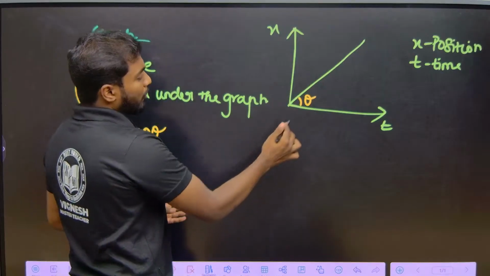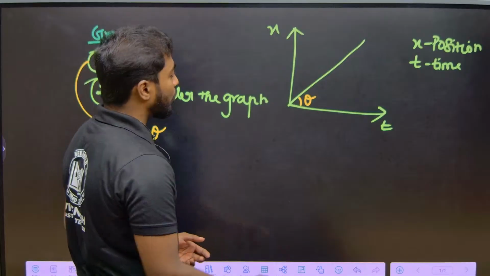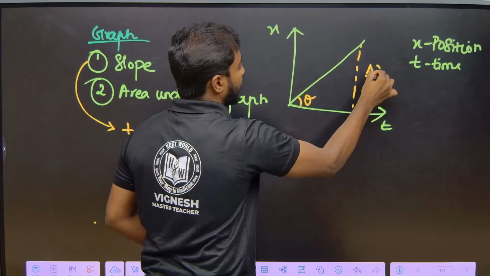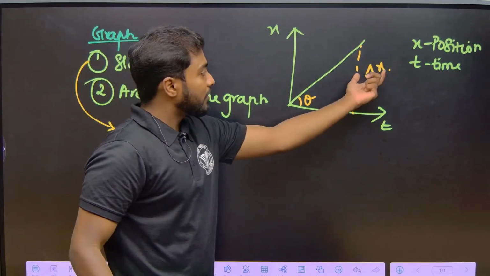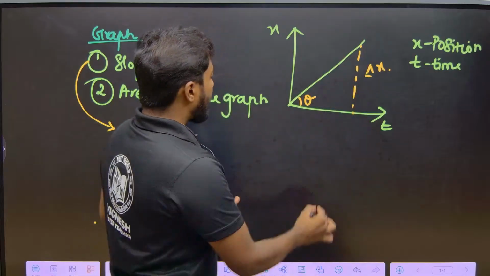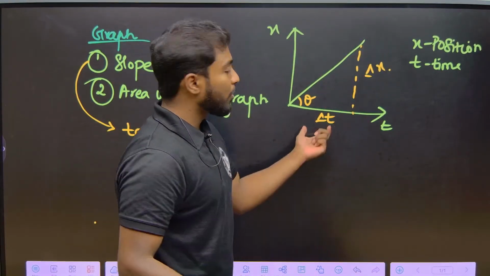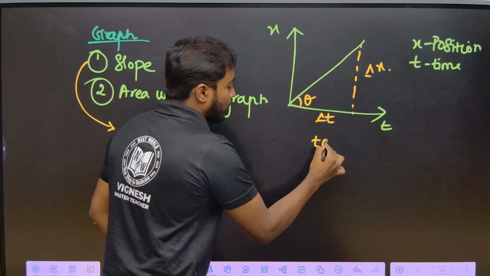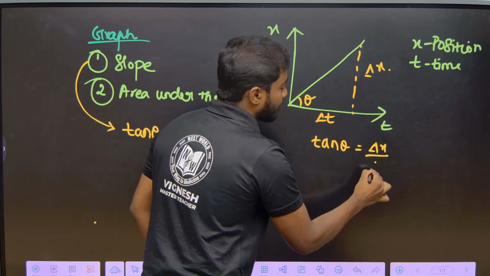Now if I talk about tan theta, what is tan theta? Opposite by adjacent, right? Let me take the opposite as delta x, like a small change in position, and this one as delta t, a small amount of time. Tan theta is nothing but delta x by delta t.